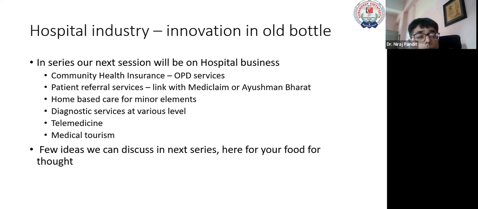a business model. Telemedicine. There are many mobile-based and telemedicine-based software available which you can use to provide OPD services to the client at home. And this is an upcoming area, telemedicine. Medical tourism.